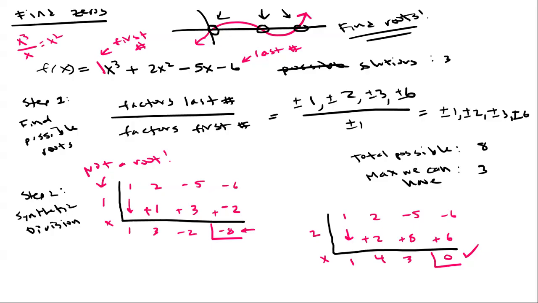So in this case, I'm going to have my factor x minus 2, and then this reduces to x squared plus 4x plus 3.